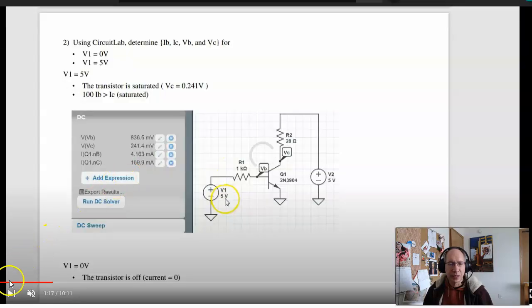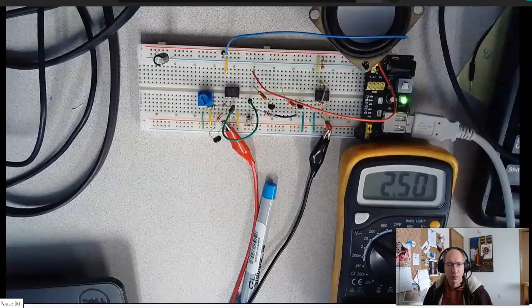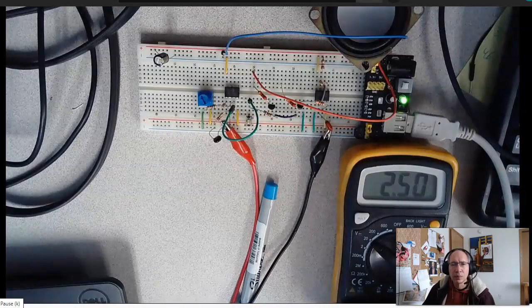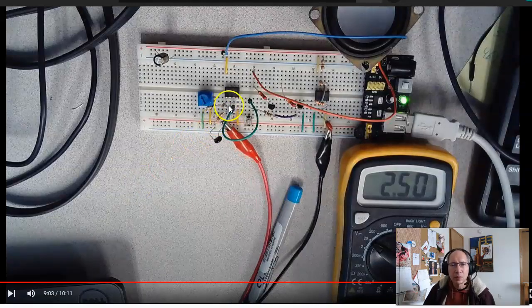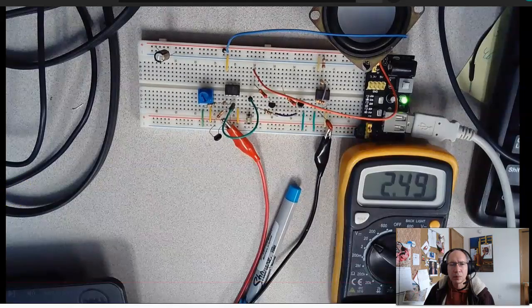To illustrate that, I've added this resistor right here. That's my positive feedback for the Schmitt trigger. It should turn on at 2 volts and turn off at a different, higher voltage. That's the hysteresis. So turning it on.